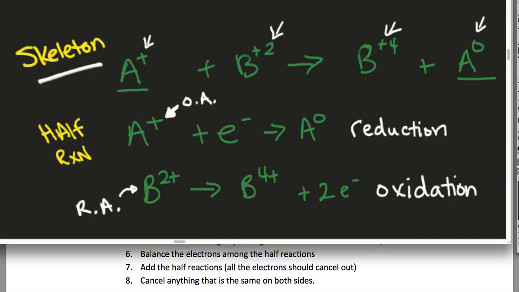So now that you know that, what we have to do is balance the electrons. Hopefully you can see that this is a 2, this is a 1.